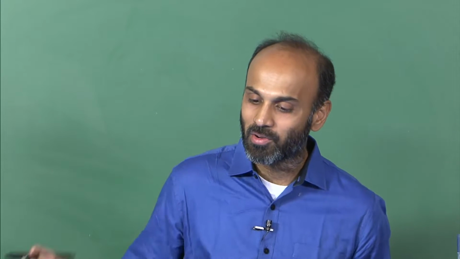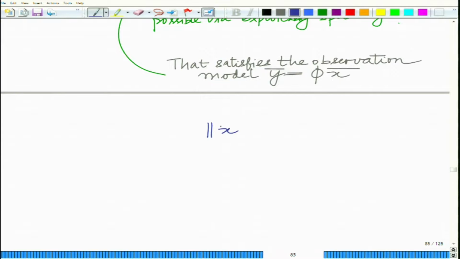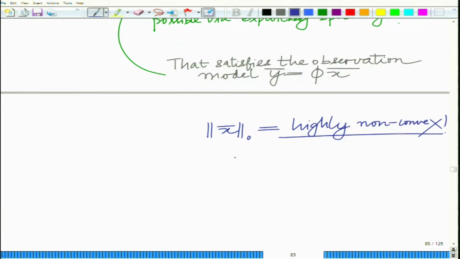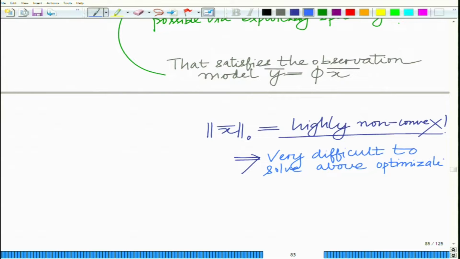If you look at the L0 norm of x bar, this is highly non-convex, which implies it is very difficult to solve the above optimization problem.